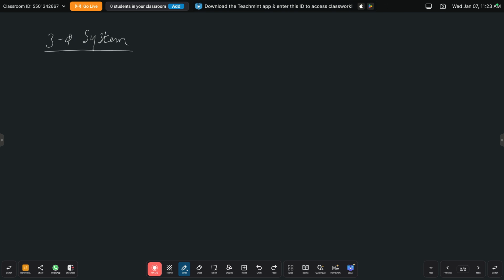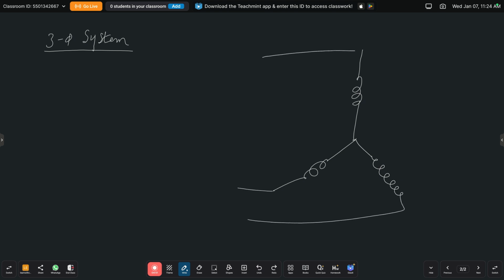In the three-phase system, take three coils: the R coil, Y coil and B coil.